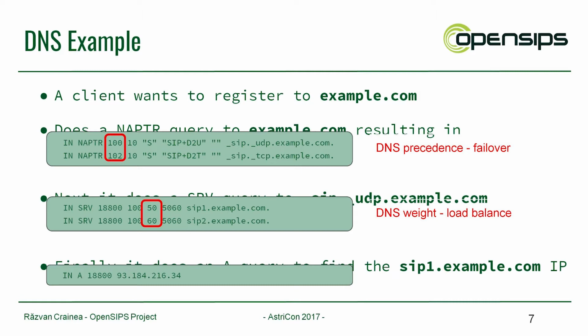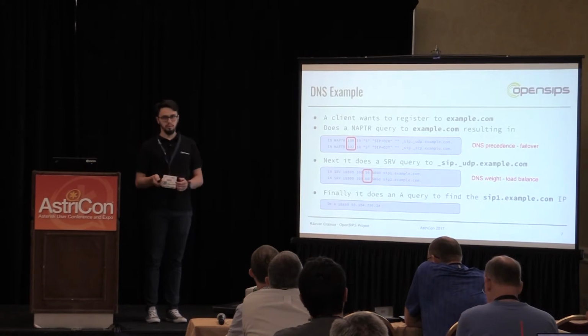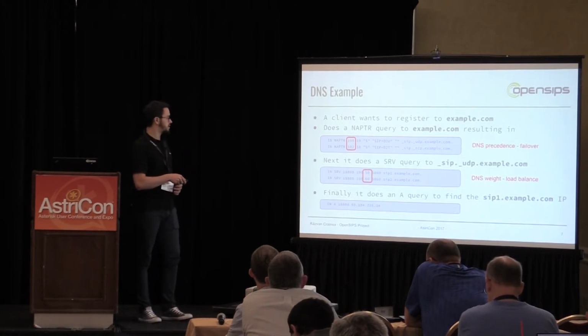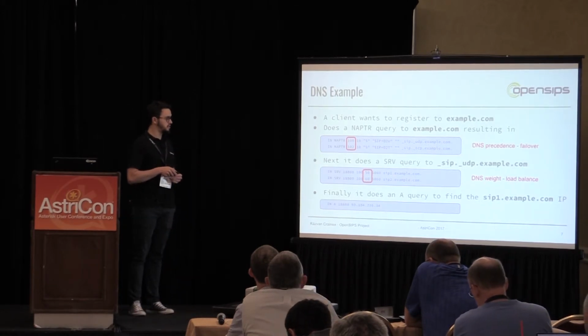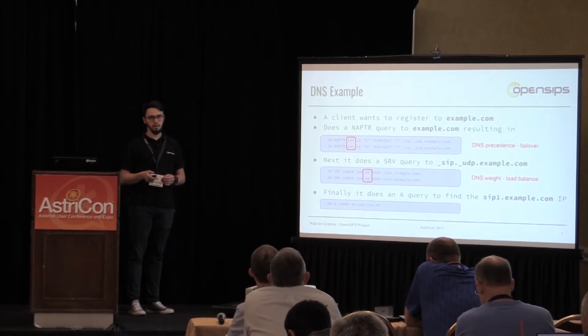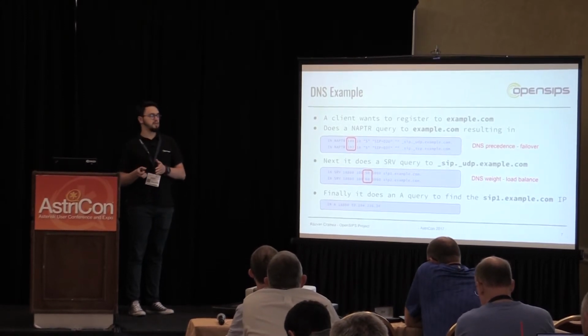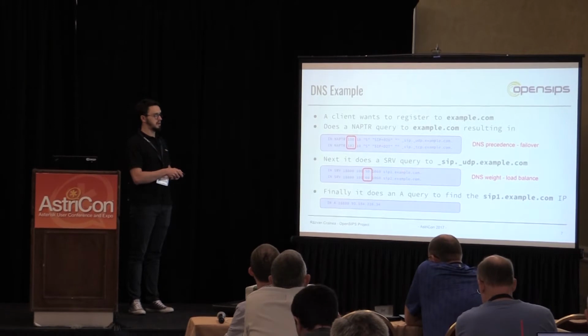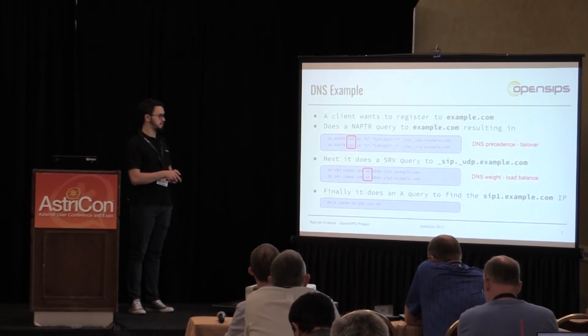There is also a precedence here, but in case these two precedences are equal, we go to the next field. This is the weight. The DNS weight is used to do a sort of load balancing. For example, if these two values are equal, there is a 50% chance that some of the queries get here and some of the queries get here.